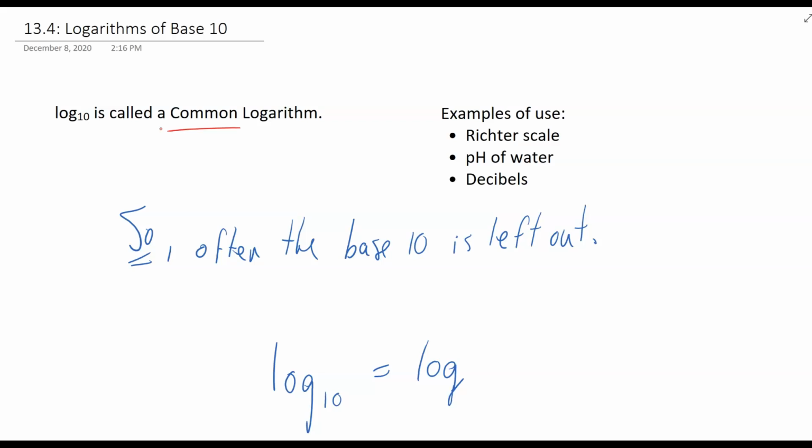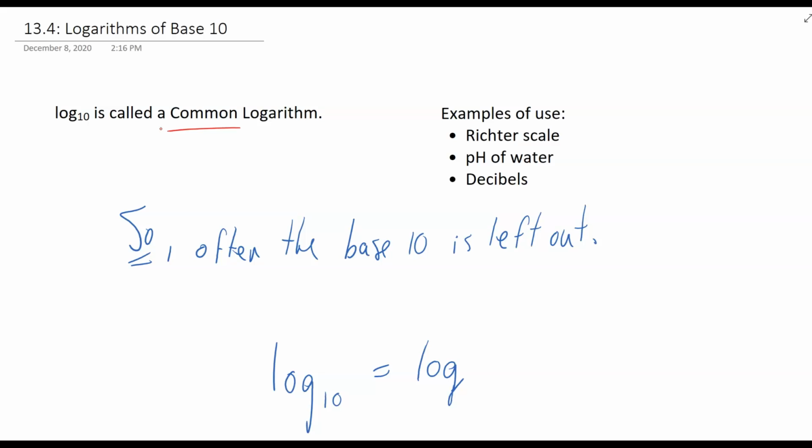So the value that you hear about, for example, when someone talks about an earthquake that measures a 6 on the Richter scale, that 6 is actually the exponent on 10.